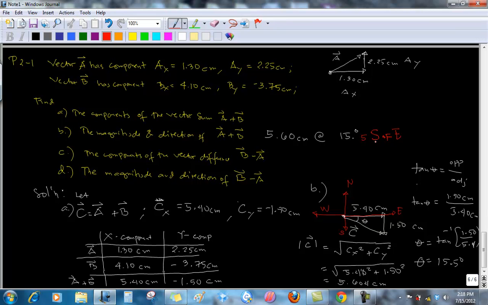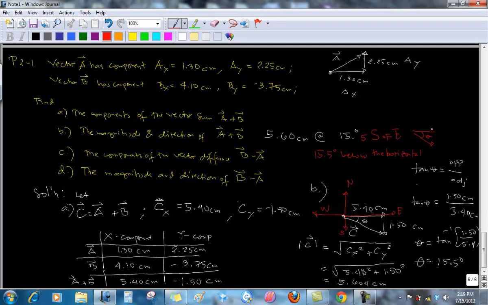Or you can just say 15.5 degrees below the horizontal. That is your answer. Or you could just draw the 15.5 degrees as your answer.